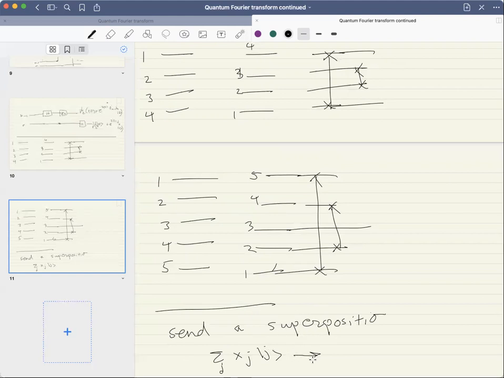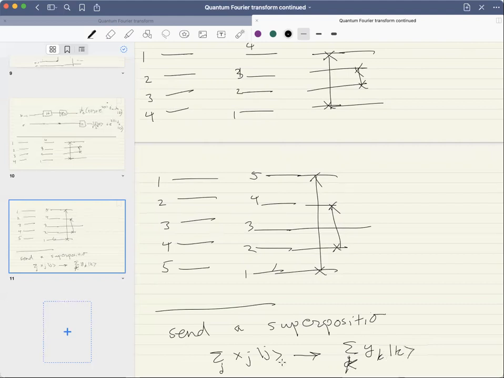Then as I apply my unitary and perform that change of basis, as we showed last time, this really produces a superposition, the sum over k of yk times k. The summation variable is just a dummy variable, so it doesn't matter, but let's write it as k.